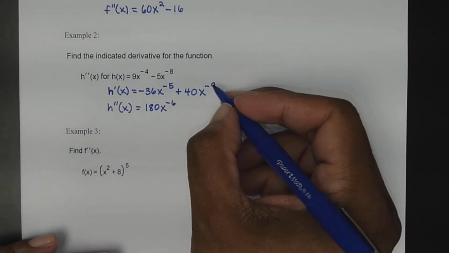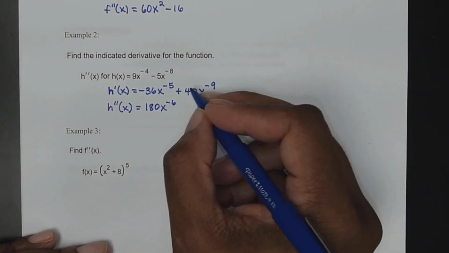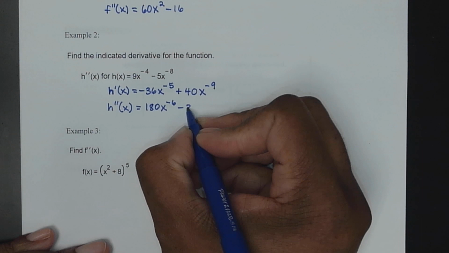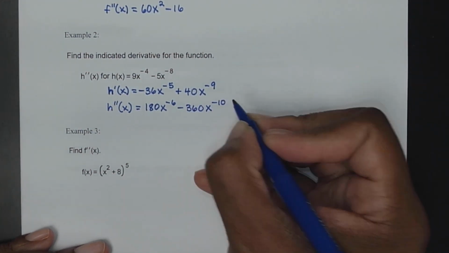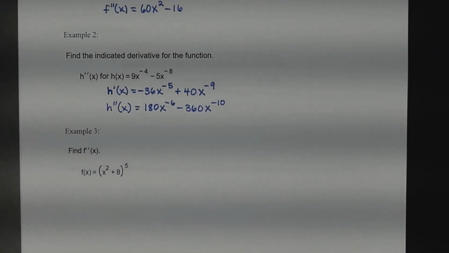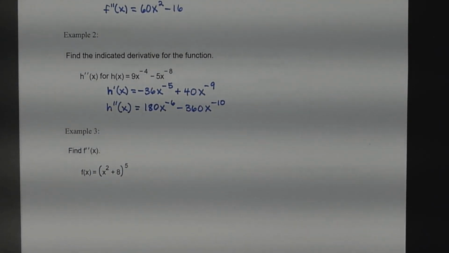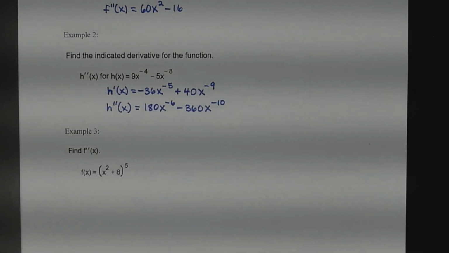And then bring the negative 9 in front of the 40, so negative 9 times 40 would be minus 360. Copy the x over to the negative 10 power. That's the 1 less power. So h double prime of x will be 180 x to the negative 6 minus 360 x to the negative 10.